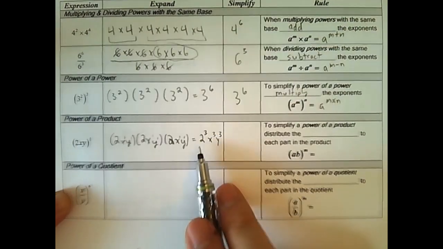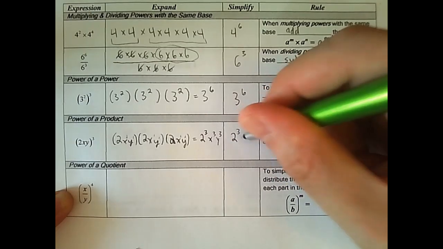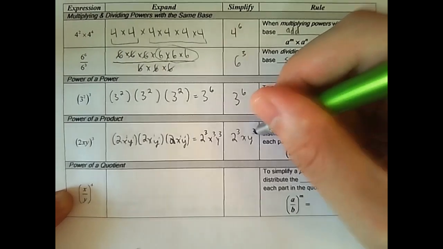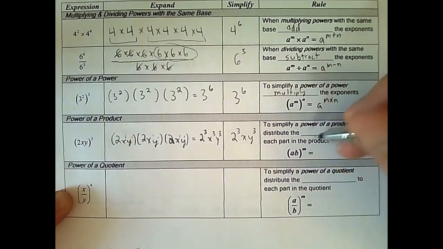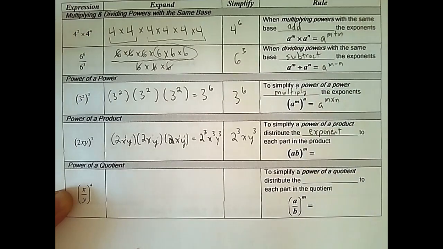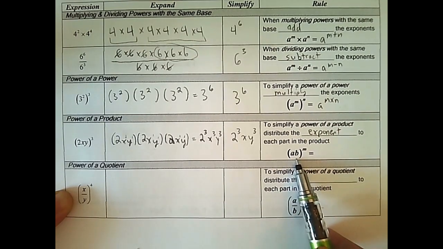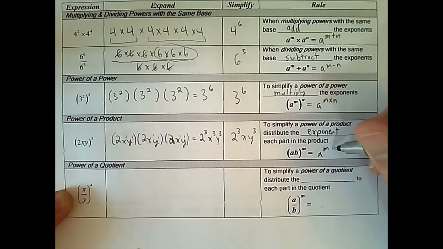So this 2 to the power of 3 we can simplify, but I just want to show what our rule is here: if I have a power of a product, we distribute the exponent to each part of the product. Like here it's (ab) to the power of m. I can rewrite this as a to the power of m, b to the power of m.